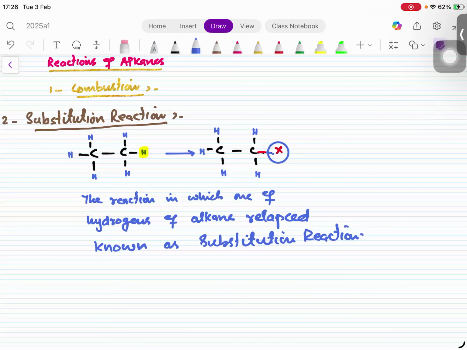So first we need to understand the definition of substitution reaction. And the second step now: how do the alkanes undergo substitution and with what?